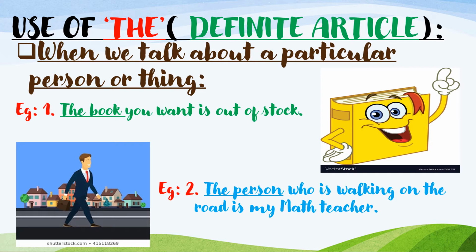For example, the book you want is out of stock. So I am talking about a particular book which you want. And the next example is the person who is walking on the road is my math teacher. So here I am talking about that particular person who is walking on the road.